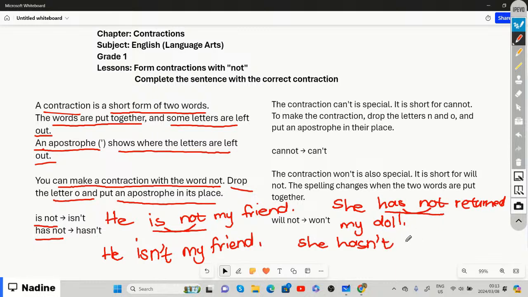She hasn't returned my doll, or she hasn't returned my pencil, or she hasn't returned whatever belongs to me, right? So there we have isn't, and there we have hasn't.